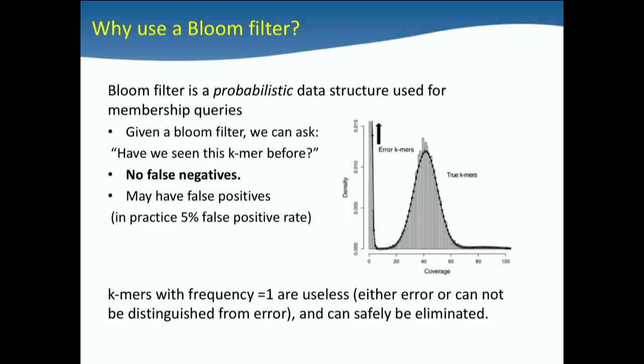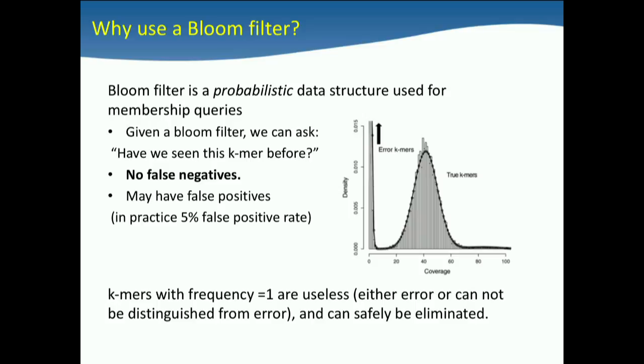And what's the benefit here? If I always use a Bloom filter first, instead of blindly counting, I ask the Bloom filter, have I seen this k-mer before? And if it says no, I will first put it in the Bloom filter and not start counting it, because I haven't seen it before. It might just be a k-mer that happens only once, and therefore an error, and I don't need to bloat my hash table when I do counting.